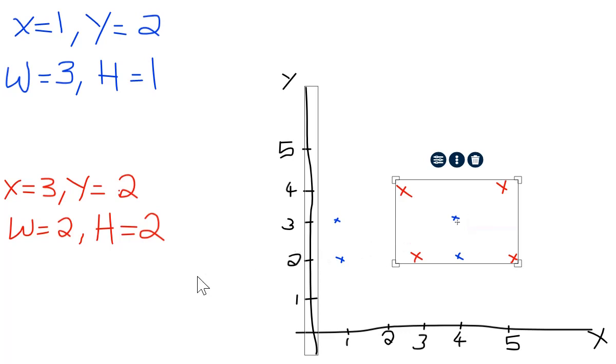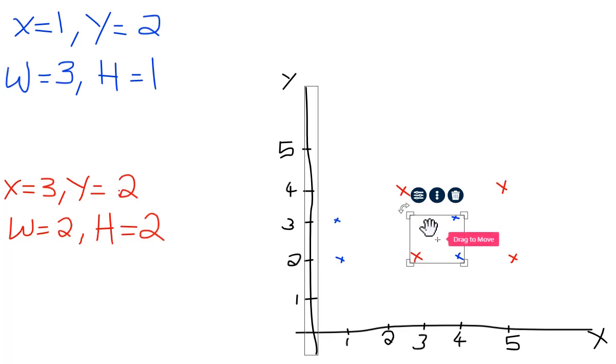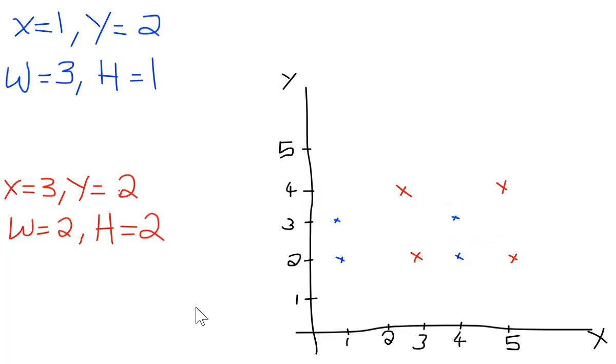So what is the intersection of these two? This is the intersection point. It starts at 3, 2, with a width of 1 and a height of 1. That's exactly what we need to find out. We could also be given two rectangles which are totally different, one somewhere here and another somewhere here, so there is no intersection.